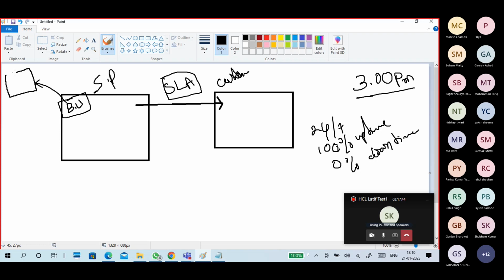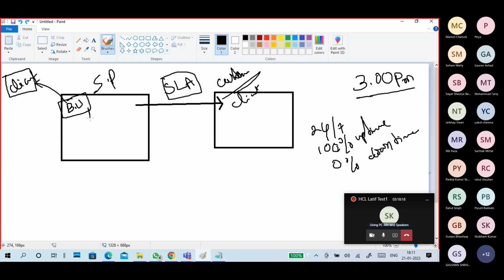He'll go to different clients, a customer or a client, and gather the client information, finding new clients and their requirements. He is agreeing to provide what the client requires. That is the SLA I already told.